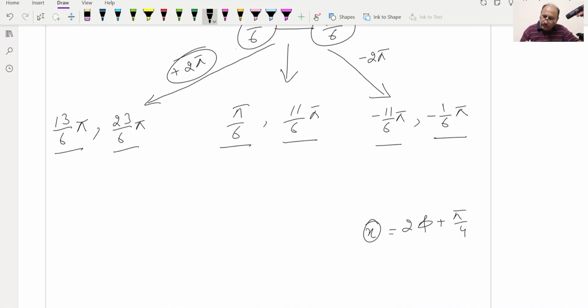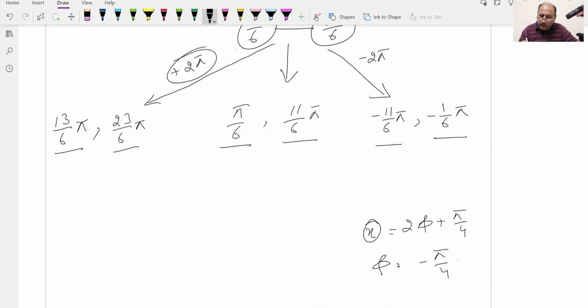Now phi will be what? Phi will be equal to 1 by 2 of x. Basically we will be subtracting first. If we shift to the other side, minus pi by 4, we will subtract pi by 4.